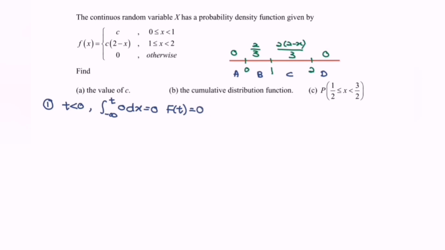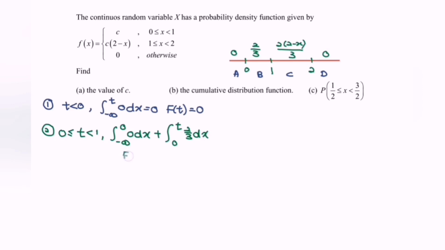As for the second part, part B, the domain would be 0 until 1. T is greater than or equal to 0 and less than 1, for the function integrate from negative infinity until 0 for the function 0 dx, plus integrate from 0 until t for the function 2 over 3 dx.